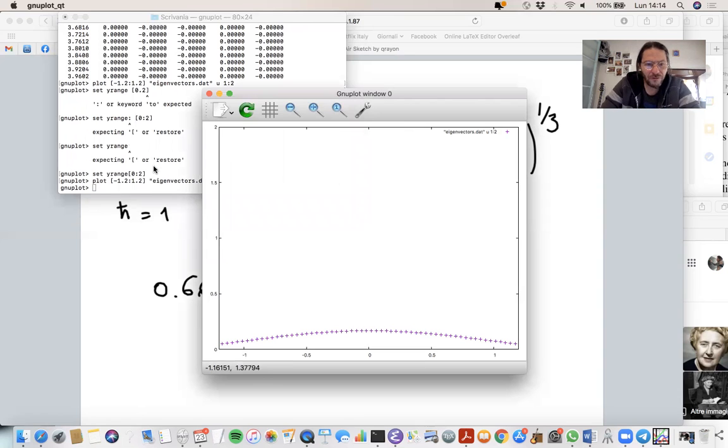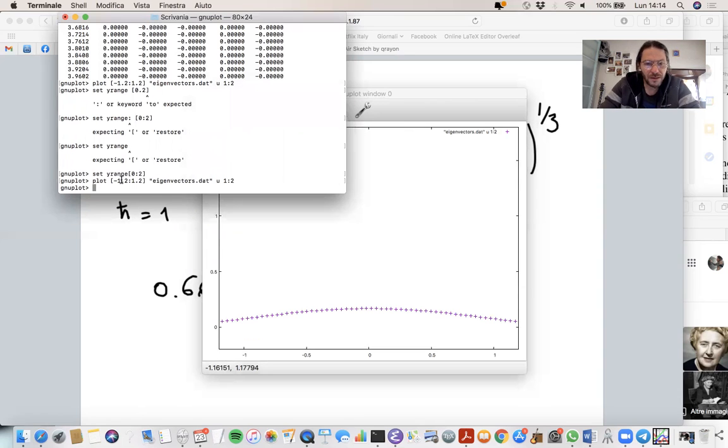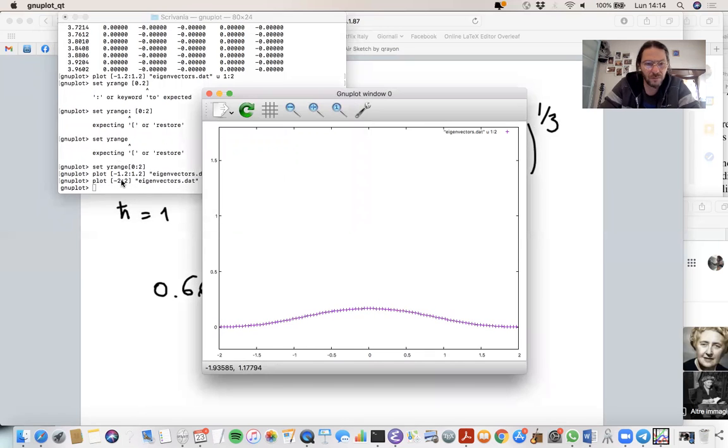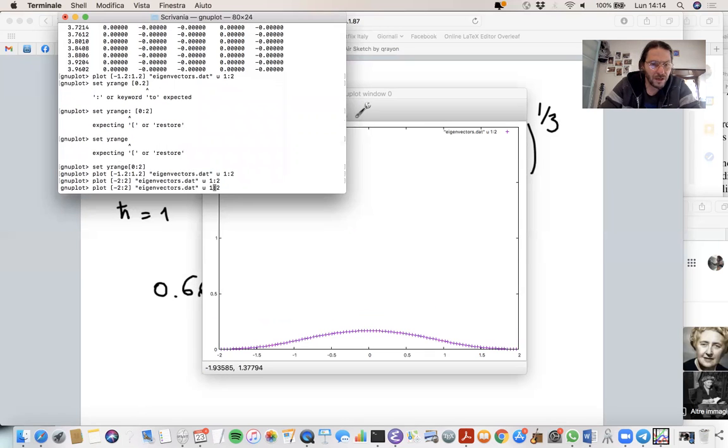Okay, so that's my wave function. That's the exact wave function. So let's go from -2 and 2, maybe. Better than this. Okay, that's my exact wave function. And the y range is probably 2.